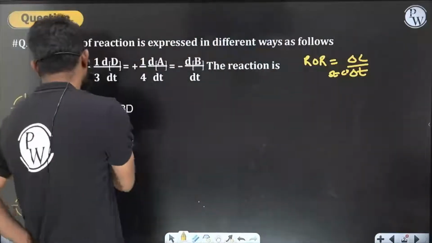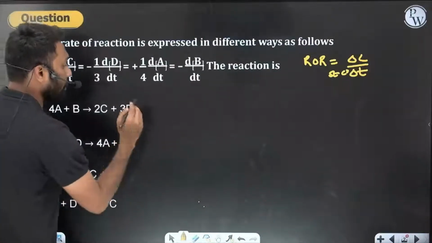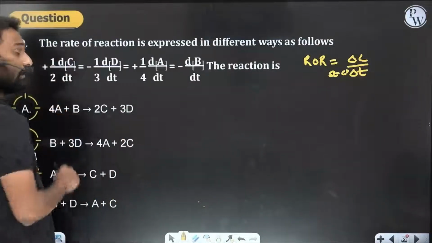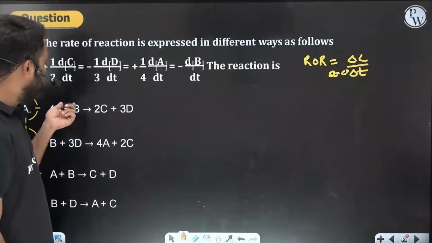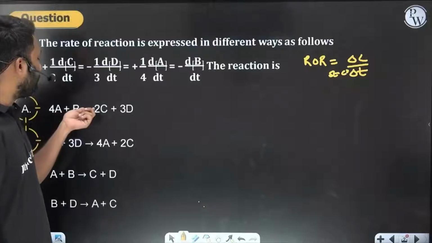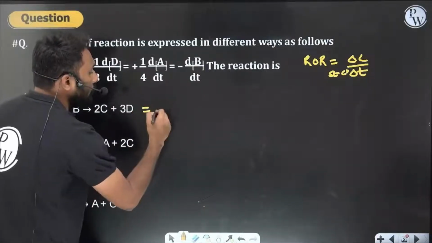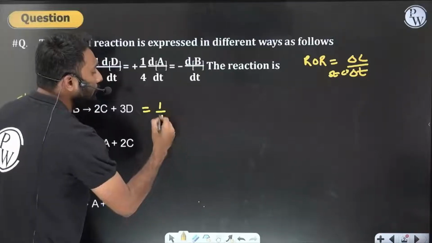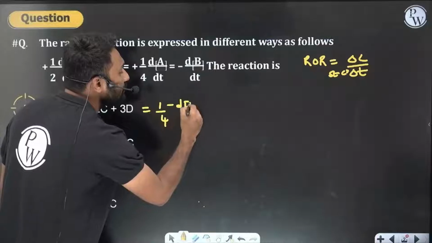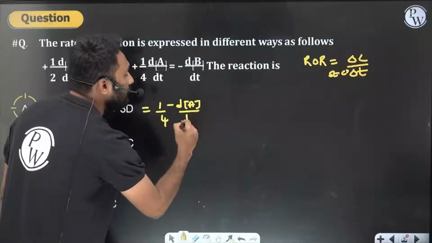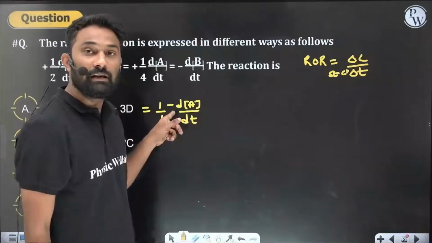Now write the rate of reaction for this one. How can we write it? Here the reaction is 4A plus B gives rise to 2C plus 3D. Now 1 by 4, its stoichiometric coefficient, minus d concentration of A by dt. Look here, why am I keeping minus?